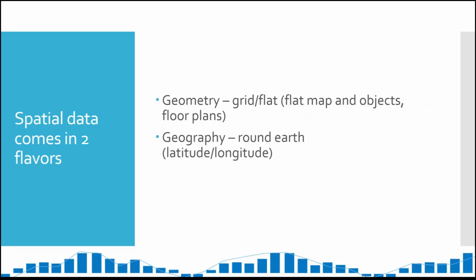If you're dealing with a flat plane, then geometry is suitable for your spatial data. If you need to account for the curvature of the Earth, then you're going to want to select geography.